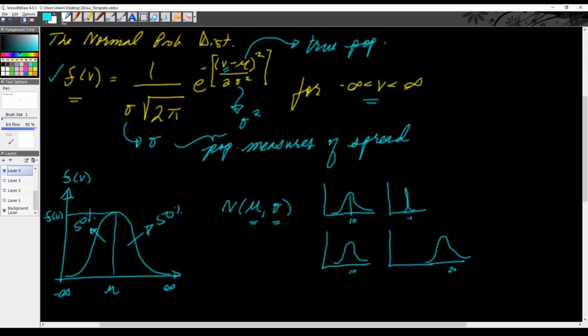So the population mean centers the normal curve on the real number line, and the variance measures the spread of the normal curve.